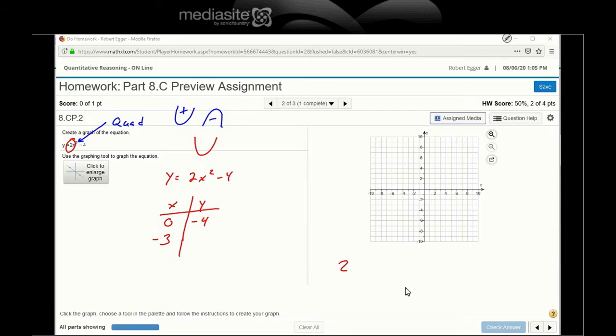So 2 times minus 3 squared minus 4. That's what we're looking for. Now, squaring a negative makes a positive. So minus 3 times minus 3 is 9. 2 times 9 is 18, minus 4 is 14.